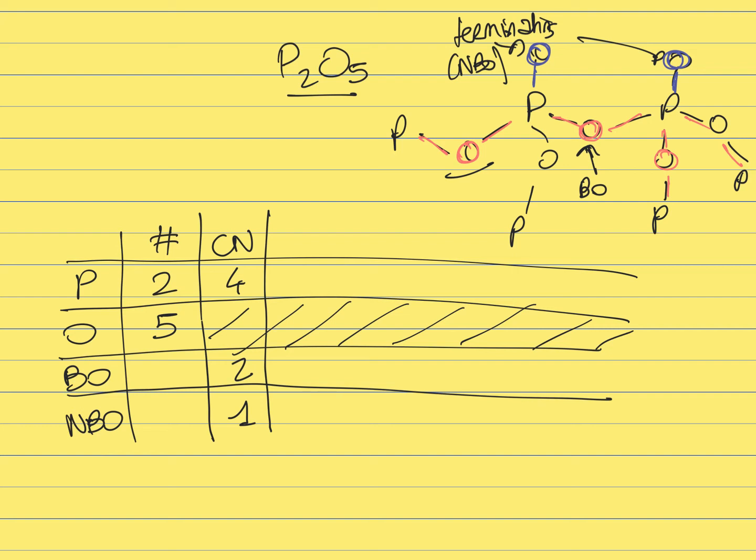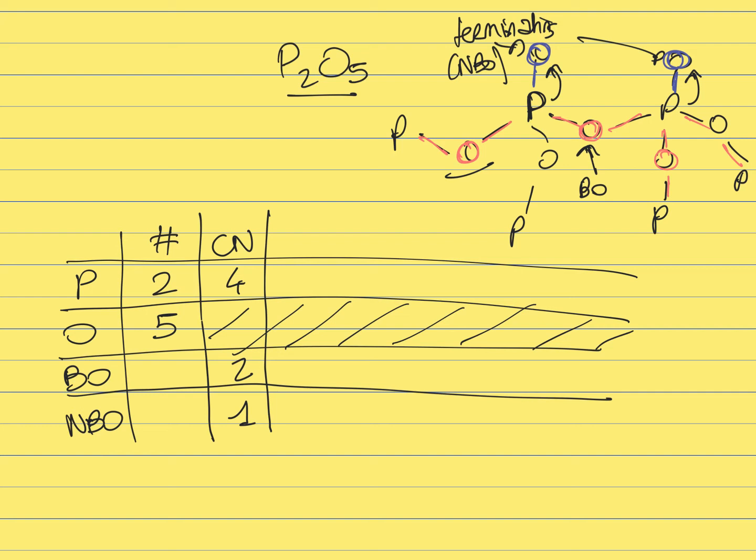So in the structure of P2O5, every phosphorus atom will contain 1 non-bridging oxygen. And this non-bridging oxygen is terminating, so it's not shared with any other phosphorus atom.